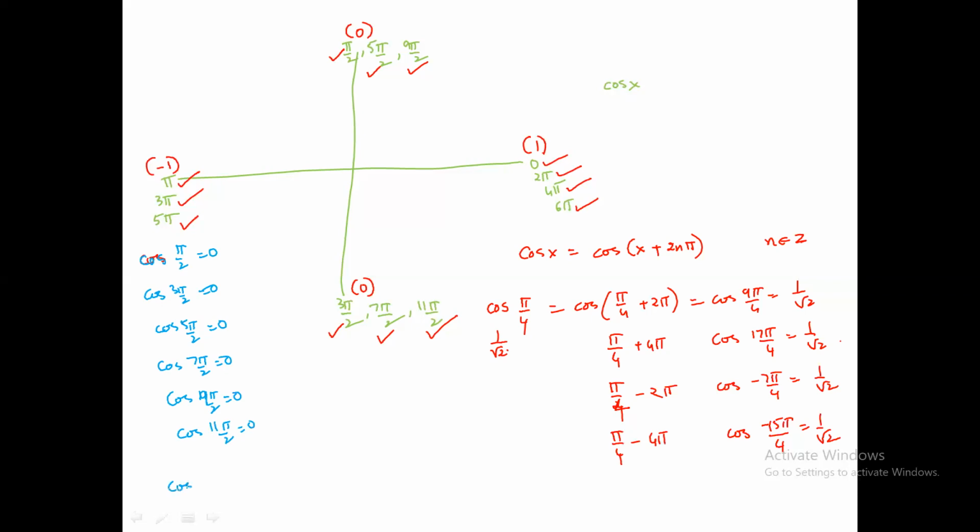So cos of any odd number into pi by 2 will be 0. This also you can see. Odd number into pi by 2. Remember, n is any integer, positive or negative integer.